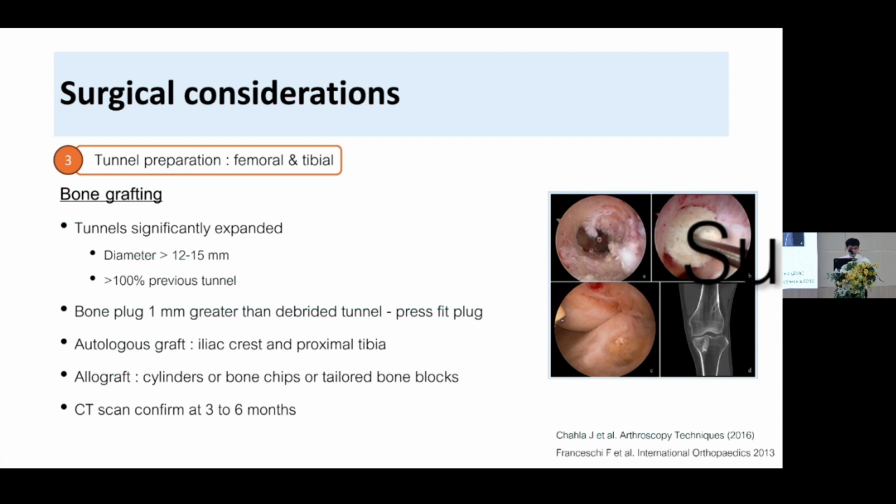The bone plug should be 1 millimeter more than the tunnel diameter to make it a press fit. Autograft and allograft can also be used as bone grafting in this method. And after bone grafting, CT scan should be confirmed at 3 to 6 months.